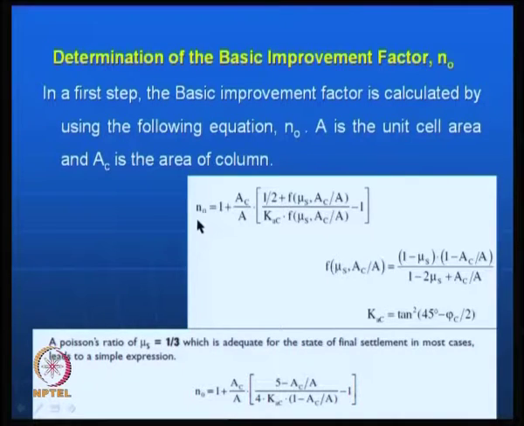This basic improvement factor is given by a simple expression, and we assume a Poisson's ratio of 1 by 3, like 0.33. The expression is simple: how much area is being replaced and how much lateral pressure is developed because of the stone column placement.